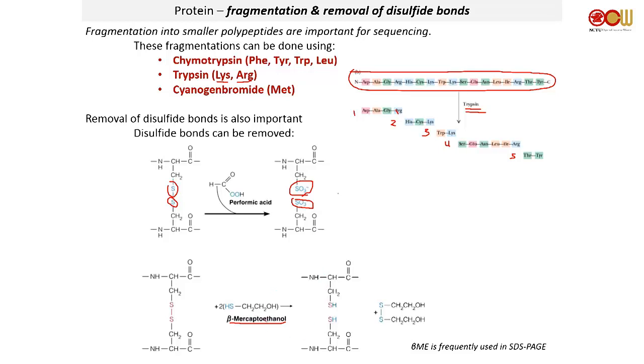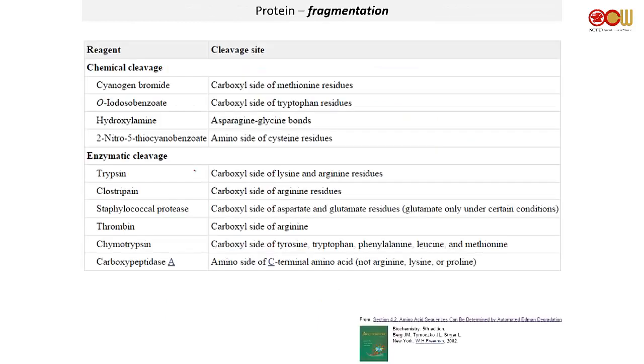So you add beta-mercaptoethanol, then what you get is the thiol that you're supposed to find on your cysteine. So you can cut off the disulfide bonds using either performic acid or beta-mercaptoethanol. Cool? And then you can do your sequencing, right?